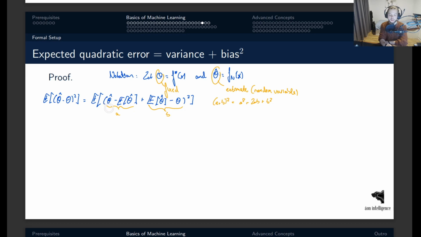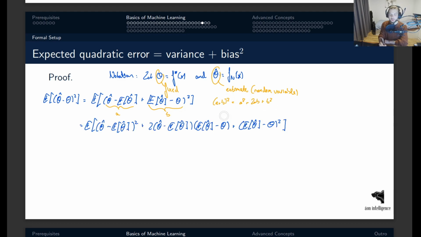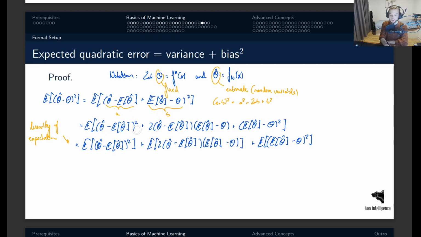And that is because we can now treat this first bit as A and the second bit as B and employ one of the binomial formulas. So we have this decomposition. And using this binomial formula, we arrive at this large expression. But we can tidy this up by employing the linearity of expectation, and we are left with these three terms then.